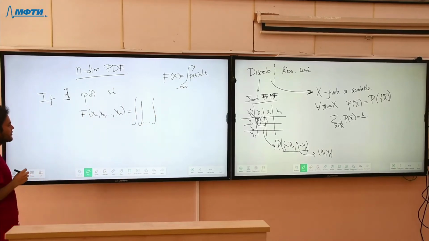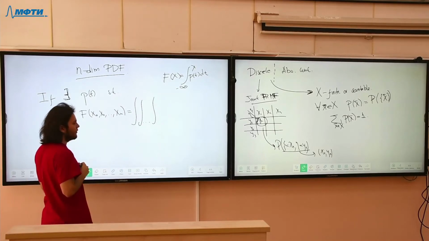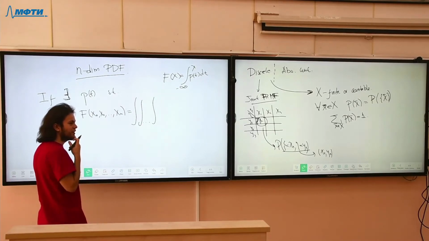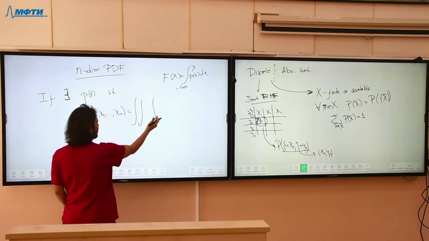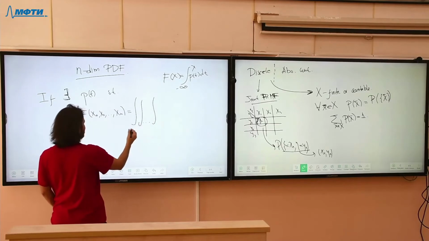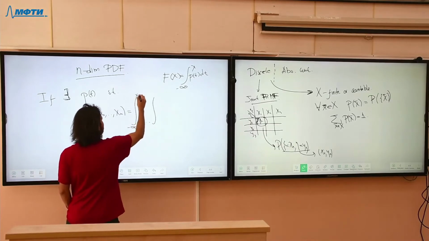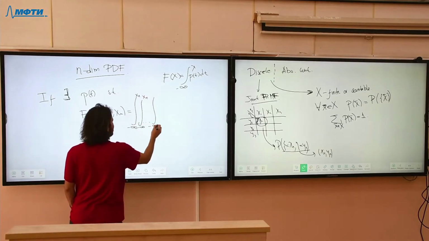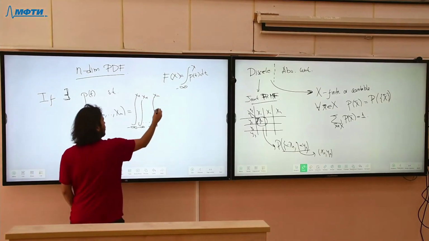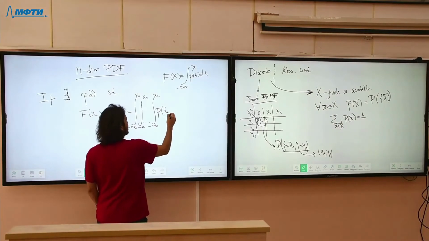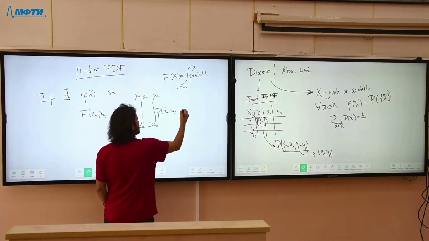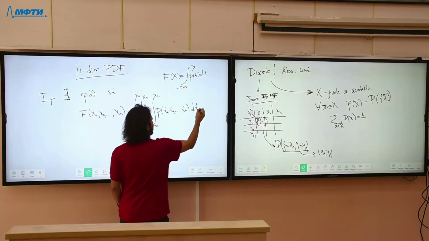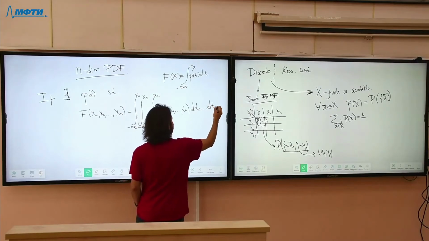integral n times, right? What is the name of this in English? The repeated integral, I don't remember. So we have n integrals here, from minus infinity to x1, minus infinity to x2, and from minus infinity to xn of such a function p(t1, t2, ..., tn) dt1 ... dtn.